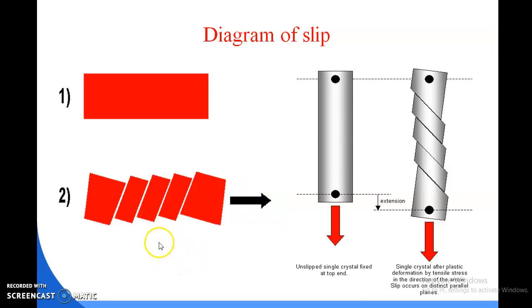The slip planes are normally the planes with the highest density of atoms, those most closely spaced, and the direction of the slip is in the slip plane that corresponds to one of the shortest lattice translation vectors. Often this is the direction in which atoms are more closely spaced.